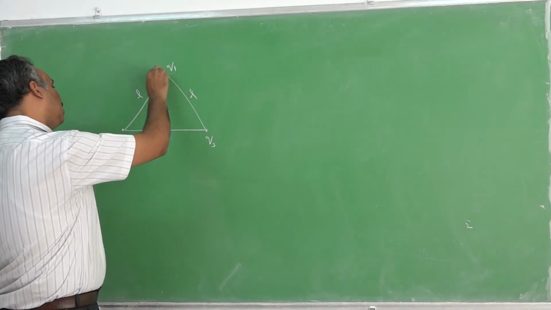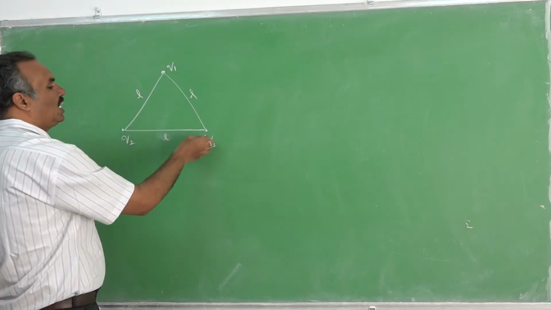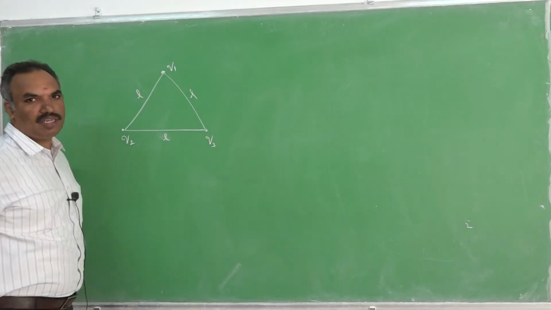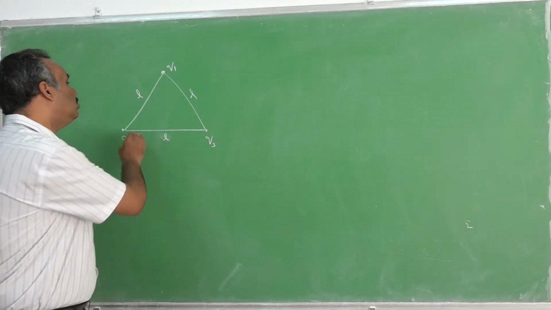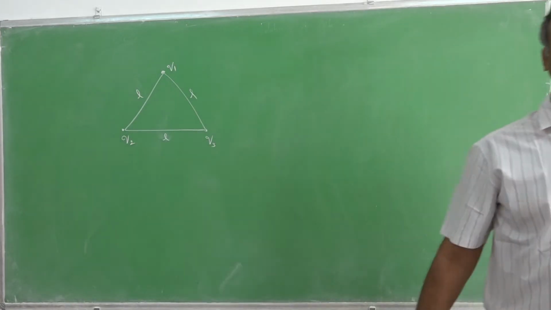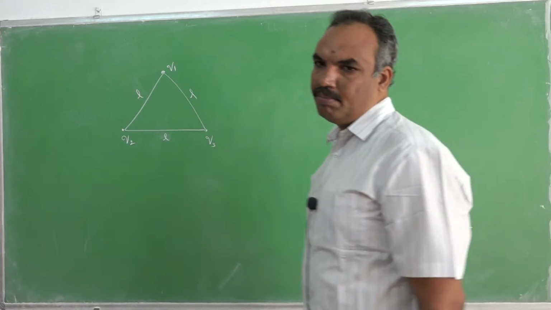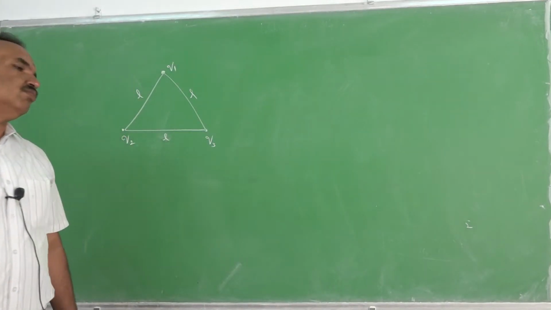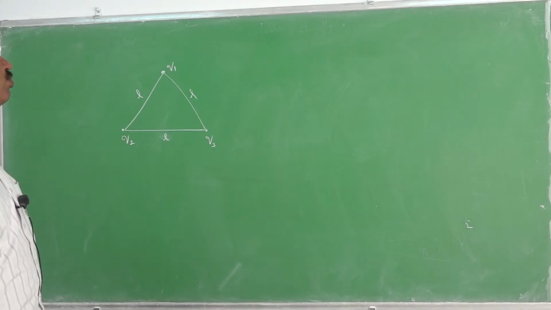Actually, it experiences a repulsive force from Q2 as well as Q3. The net force experienced by this particular charge is the algebraic sum of forces given by the other charges. This principle is called the principle of superposition of Coulomb forces.